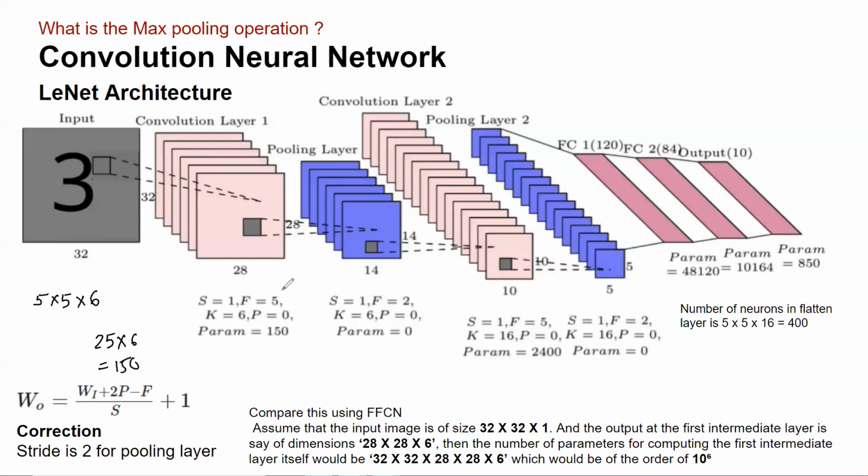Yeah, that's correct. Now I'll apply some nonlinearity to it. I'll apply ReLU, but that will not change my dimension, right? So that's why I have not included the application of the activation function here. Just consider that I'm applying an activation function, which is identity.